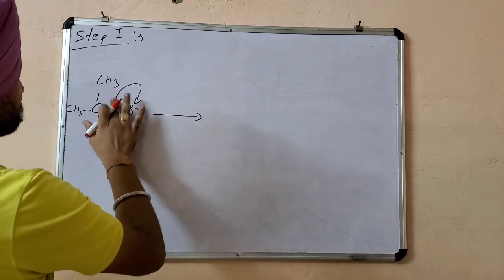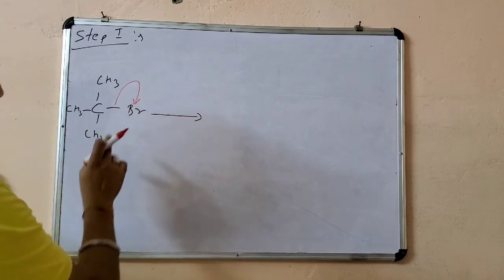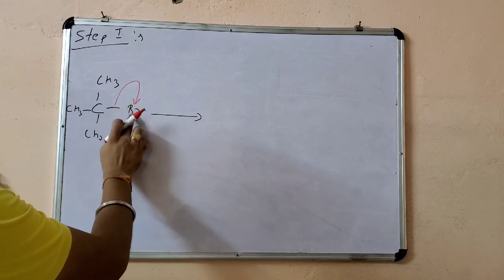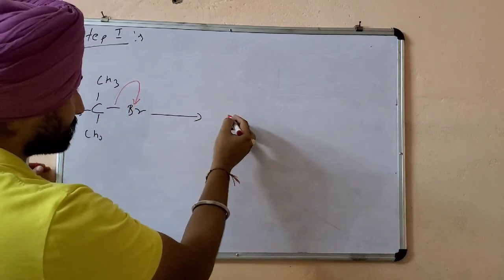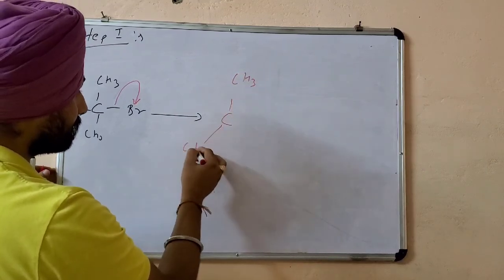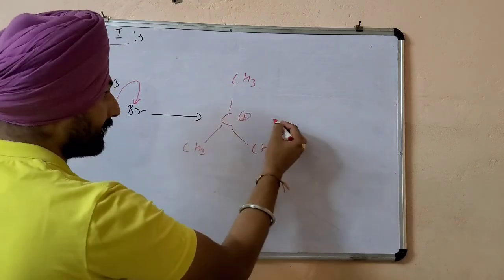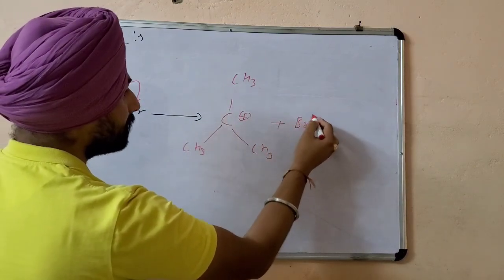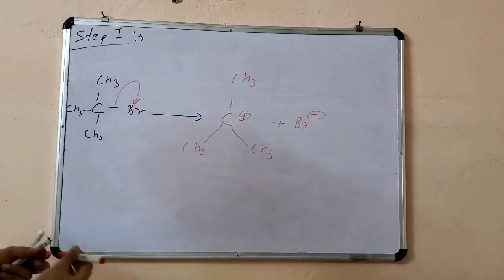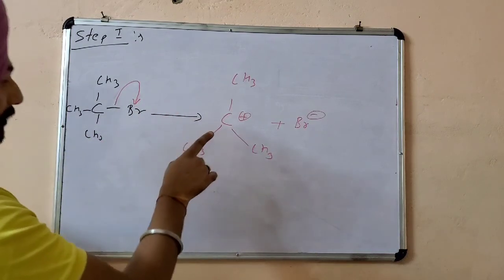Let me use a different color of marker to represent this. The shared pair of electrons will be taken by the bromine, and there is formation of a carbon with a positive charge, that is called nothing else but carbocation, plus bromide, right? This is the first step, when we have one carbocation formed.